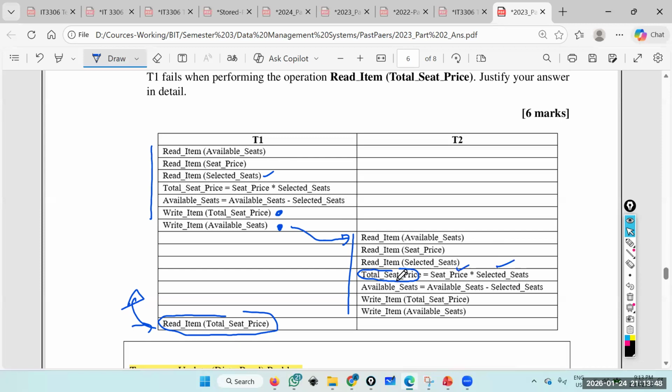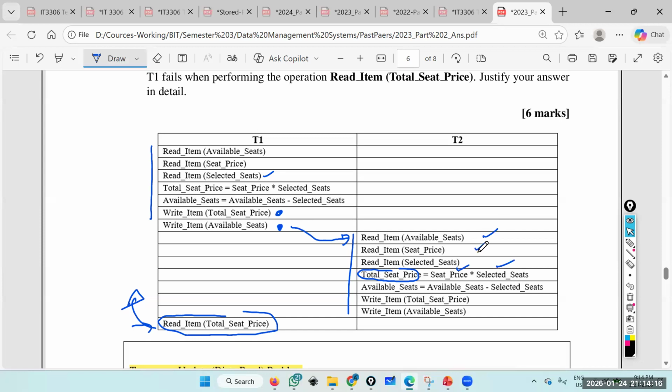Okay. That calculation is fine because these things are not written by this. So therefore, this is not written in total seat price, right? So this is not read in total seat price. This independently calculates the total seat price. Okay. So therefore, this is still not an issue, right?